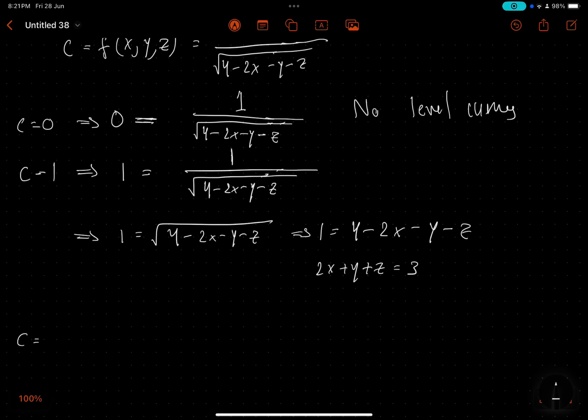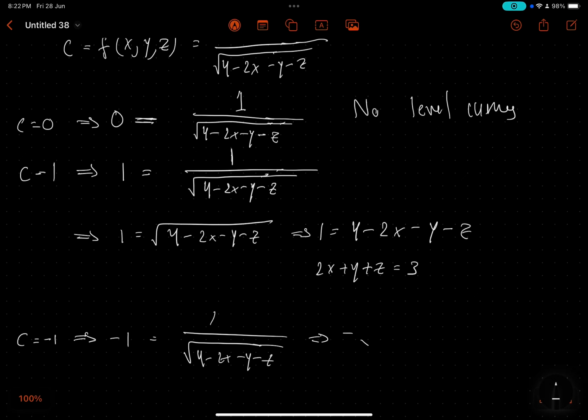So c equals -1. We may do it with a graphing calculator, which makes things easier for us. So -1 equals 1 over the square root of 4 minus 2x minus y minus z.